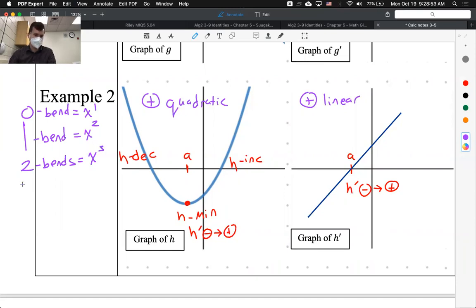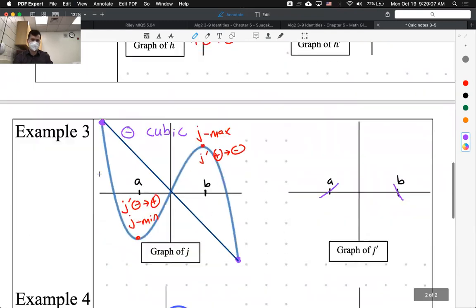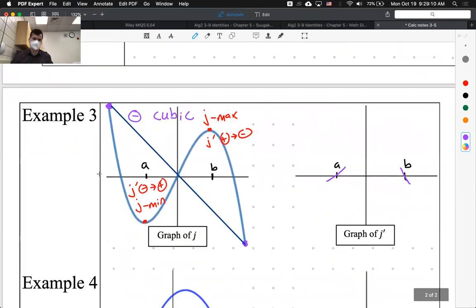If I have 3 bends, Fiona, I'm going to have x to the power of 4, and so on. So just look at the number of bends, add 1 to it, and that's the power you're talking about. Which means if I have a cubic, I have 2 bends, add 1. So it's really x to the power of 3.